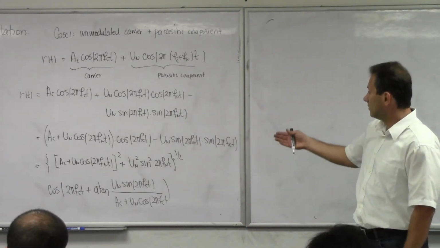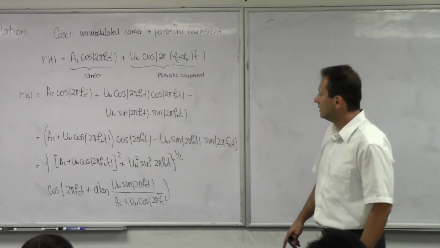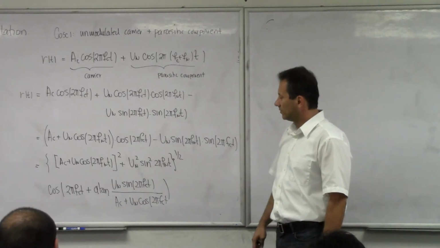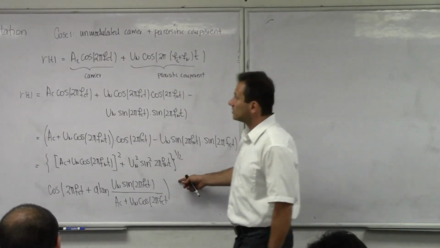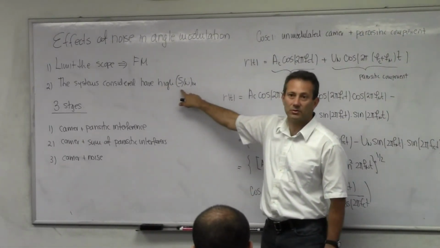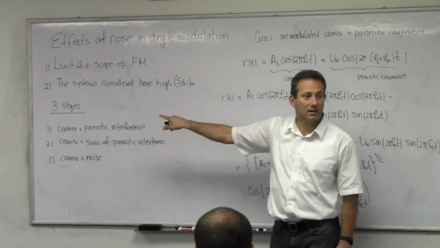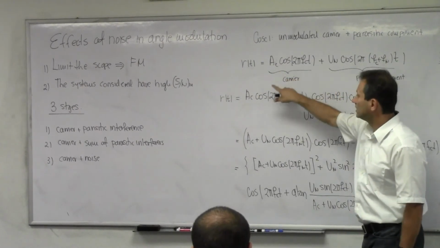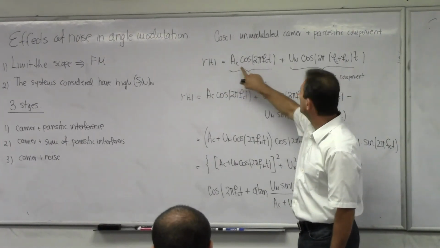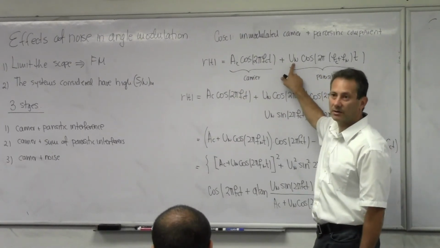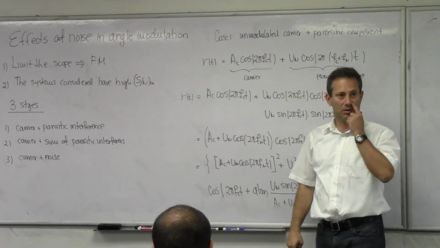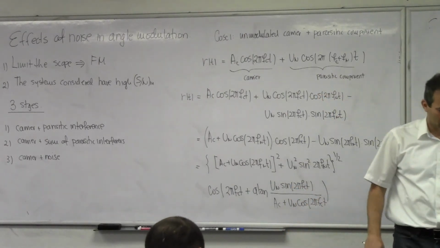Now, faced with this, we're already at the limit of what we can manipulate analytically. So we invoke our assumption: the input signal-to-noise ratio, or signal-to-interference ratio, is high. Practically, what it means is that A_C is much, much greater than U_N. I have a strong carrier and a small sinusoidal component surrounding the carrier.